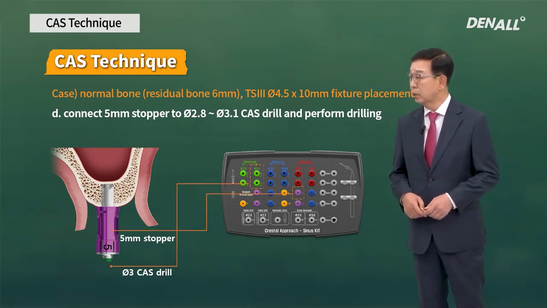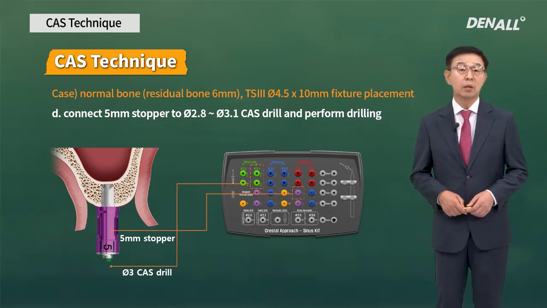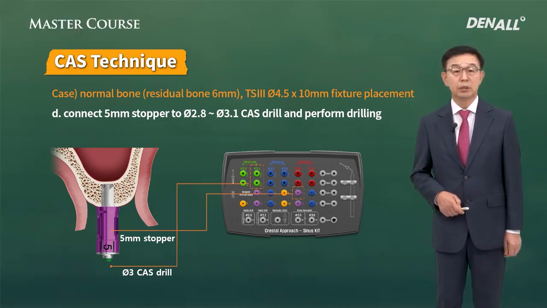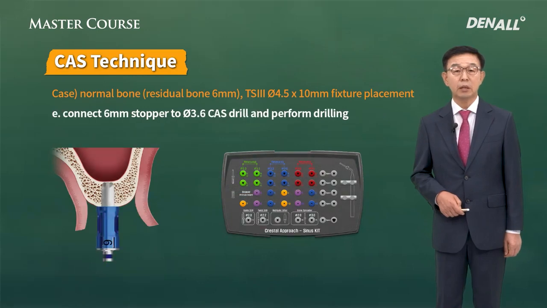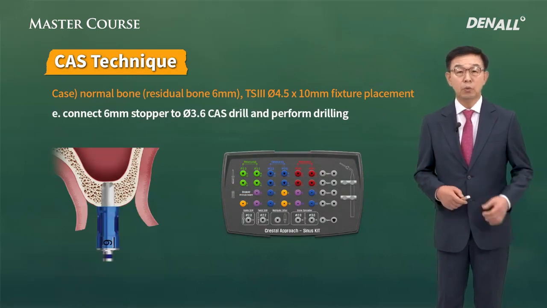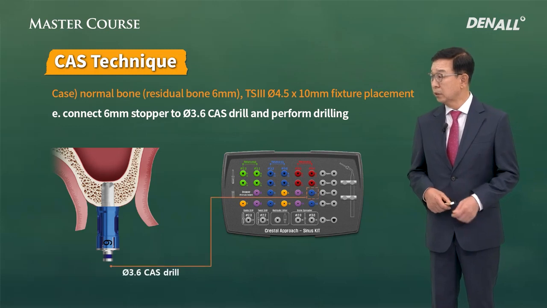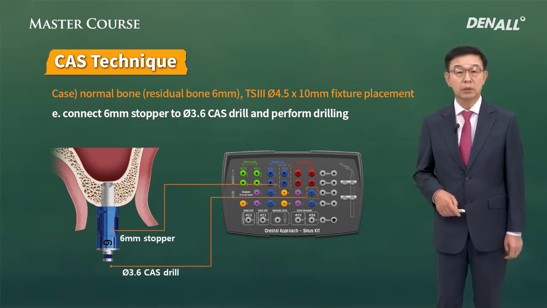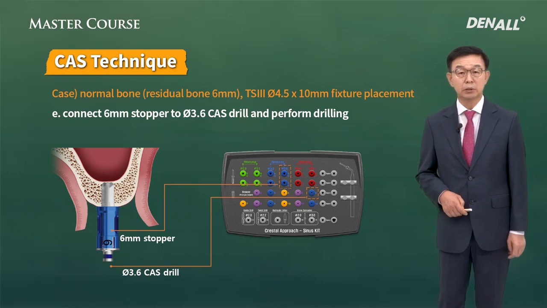Depending on patient's bone density, it may vary. However, drilling is done slowly, about below 800 RPM. Width expansion is done at the same time, and 6 mm stopper is used in 3.6 CAS drill.